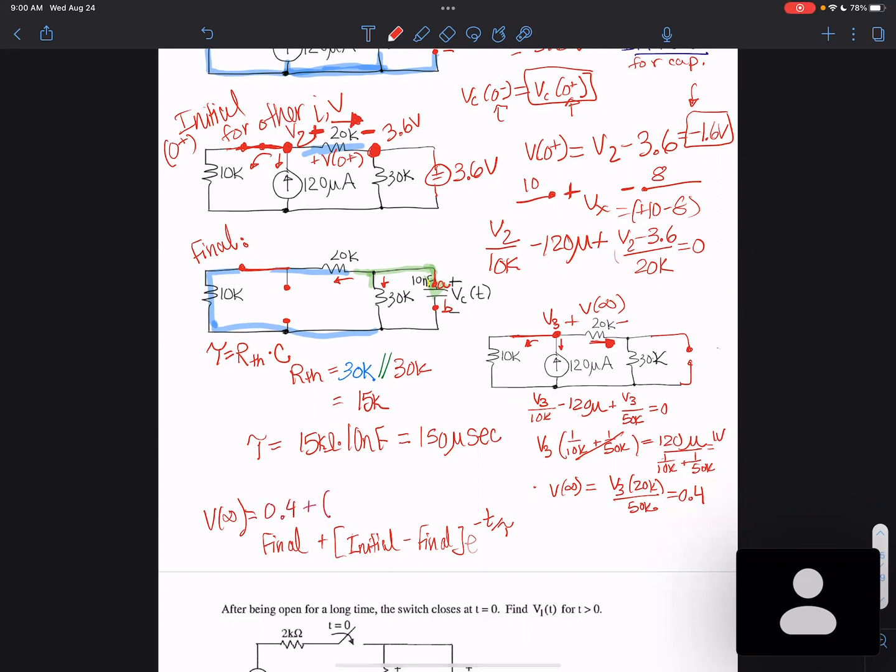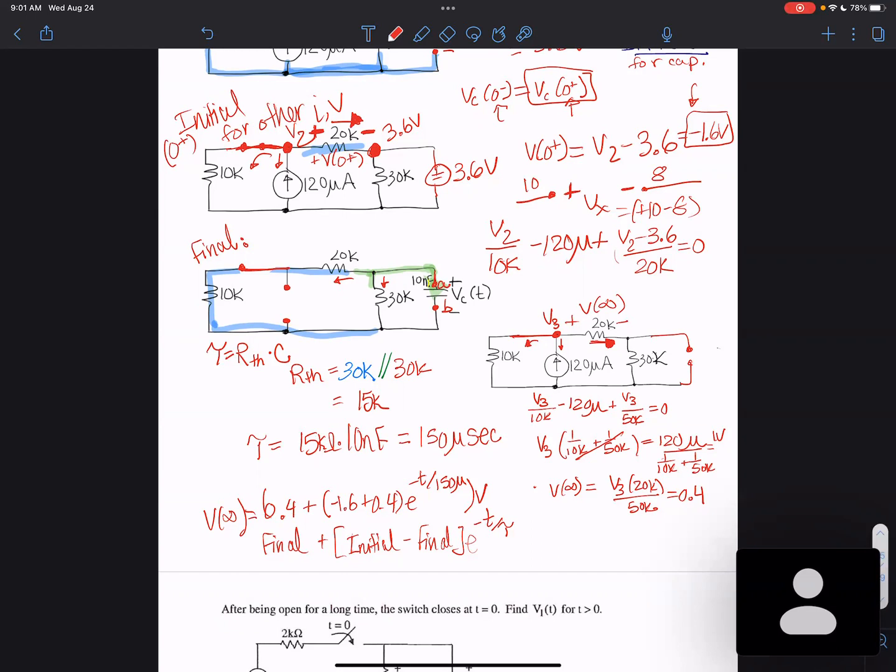And then initial minus final. We're going to use that minus 1.6 for the initial. So minus 1.6 plus 0.4 e to the minus t over 150 micro. And so we've been able to actually get the voltage across that 20K resistor for this.